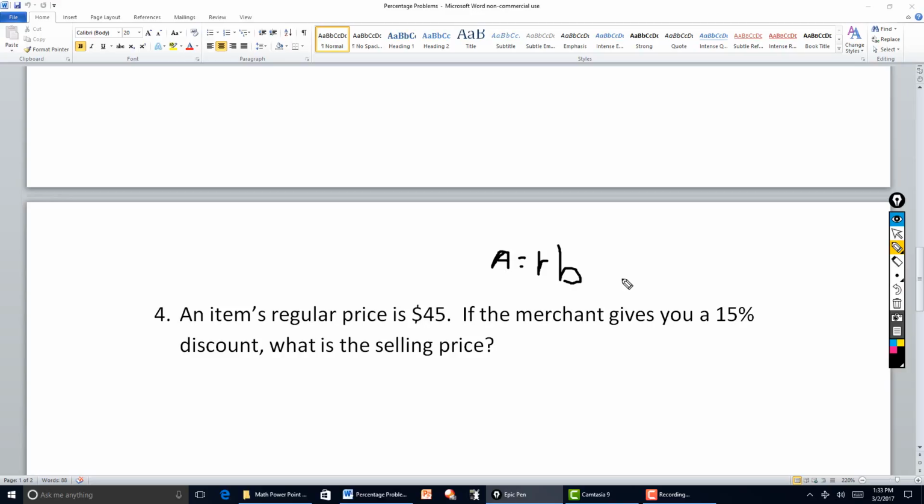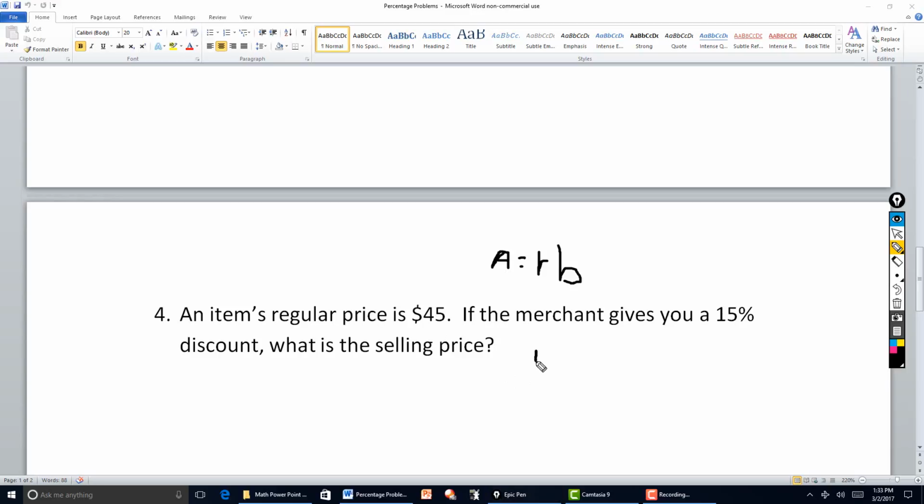The base is 45, because if the item's regular price is $45 and you get a 15% discount, then basically you're going to multiply this 45 by 15% and then subtract it from the 45, and that's going to be your discount.